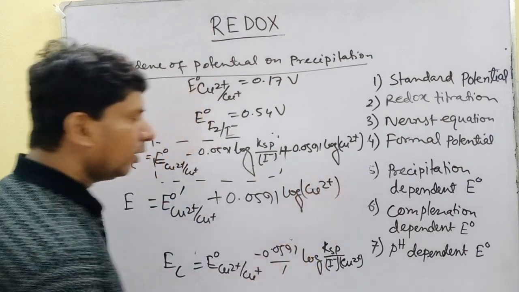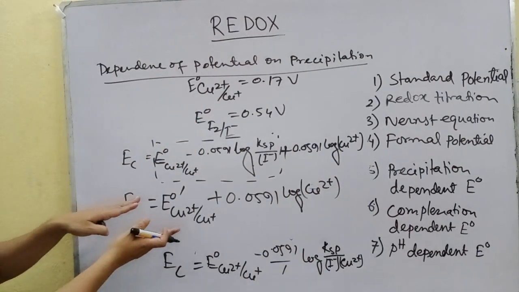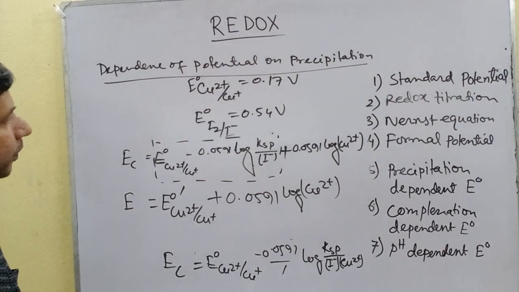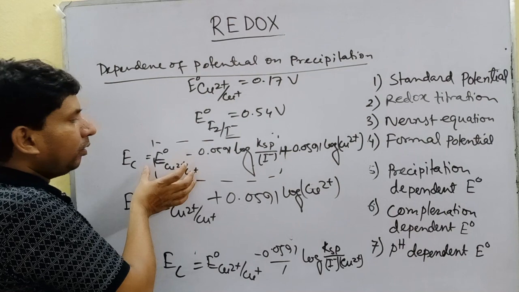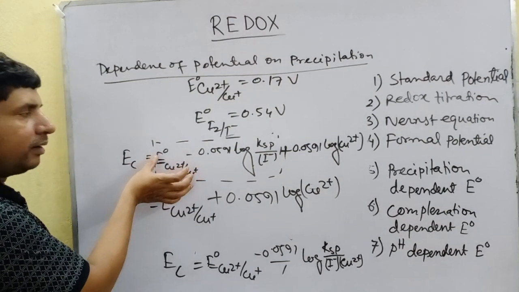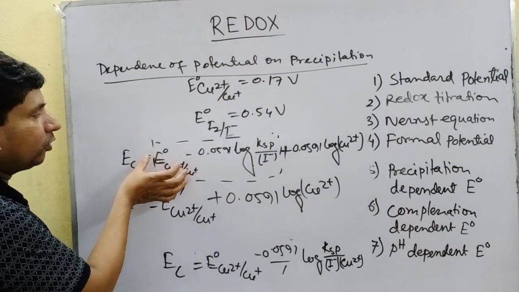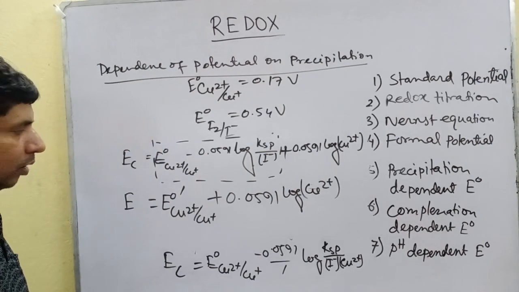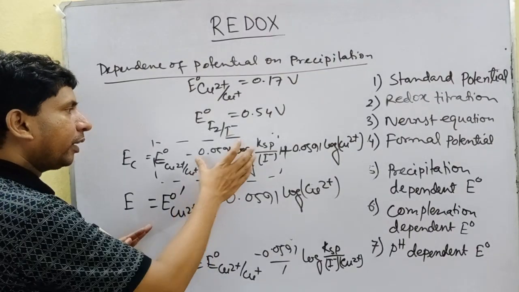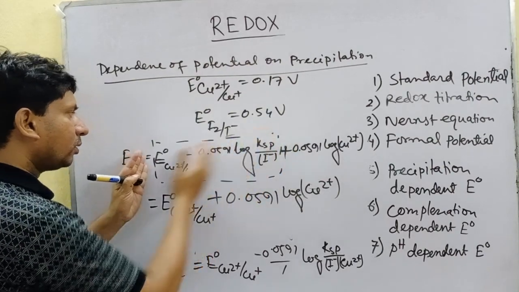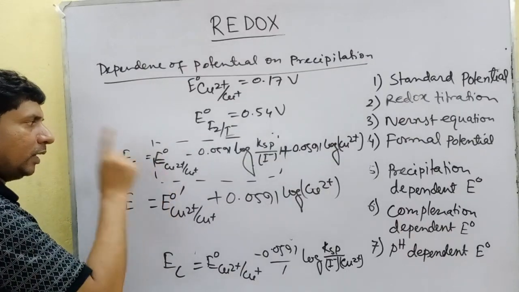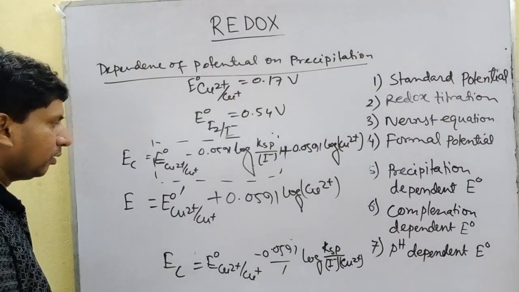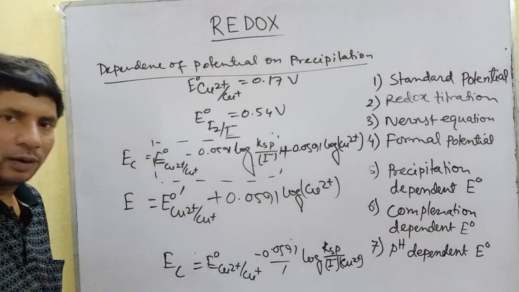What happened here? This is known as formal potential. The actual standard electrode potential was E0 of Cu2+/Cu+, and now the addition of this portion to the standard electrode potential gives an extra potential.